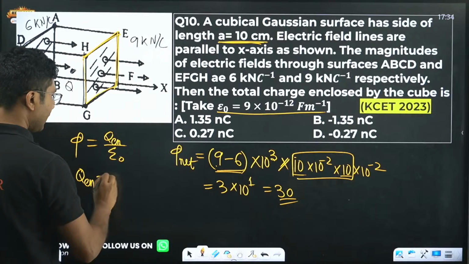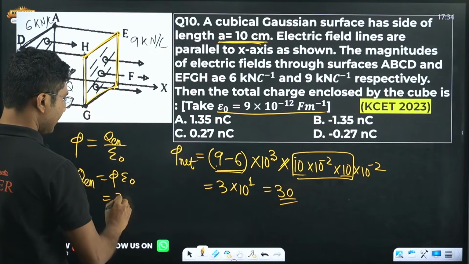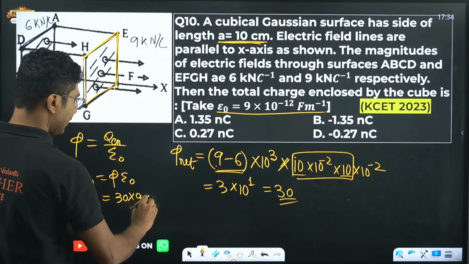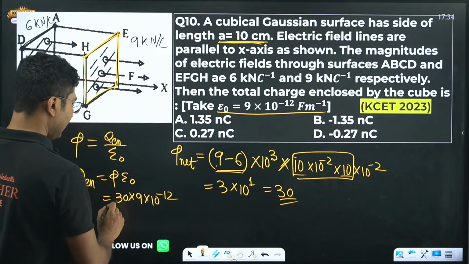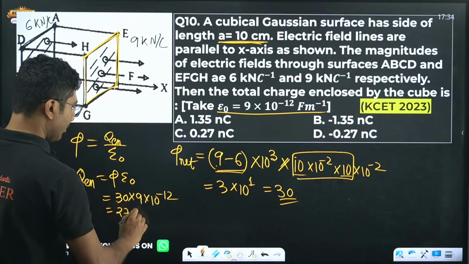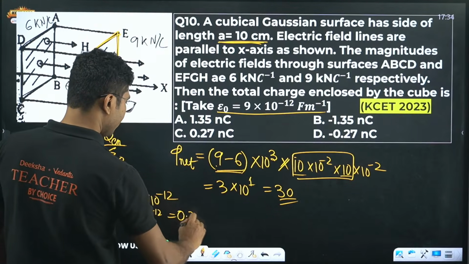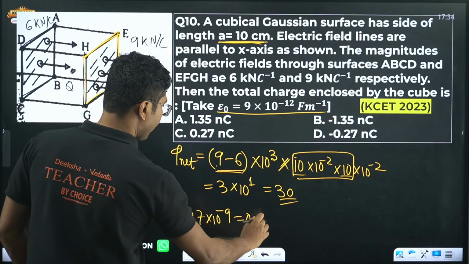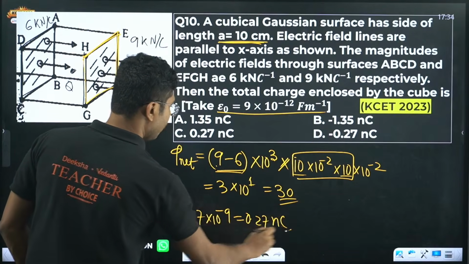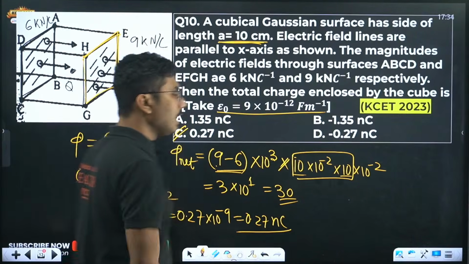Charge enclosed is phi into epsilon naught. So phi is 30, epsilon naught is 9 into 10 to the power of minus 12, so it will be 270 into 10 to the power of minus 12, or 0.27 into 10 to the power of minus 9, that is 0.27 nanocoulomb.